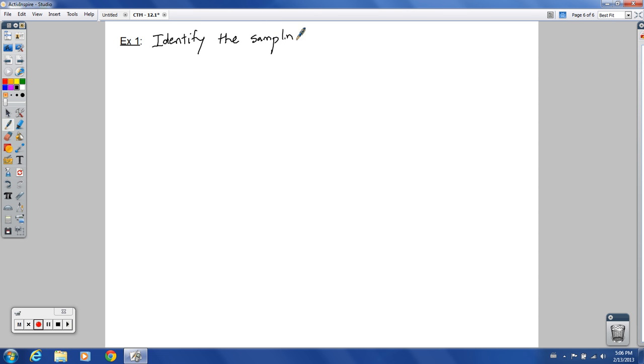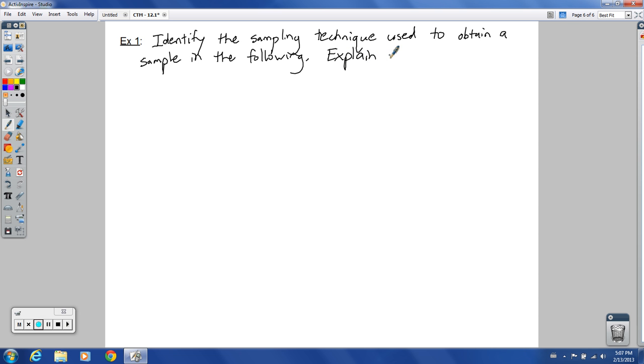Identify the sampling technique used to obtain a sample in the following. And you're also going to explain your answer for each one. So there are going to be some different parts to this one.